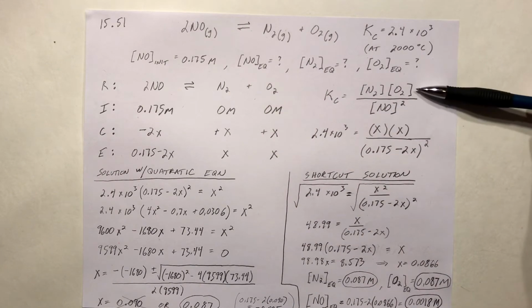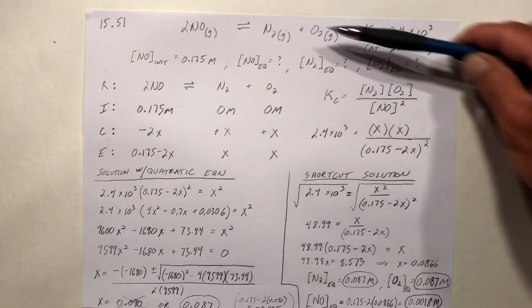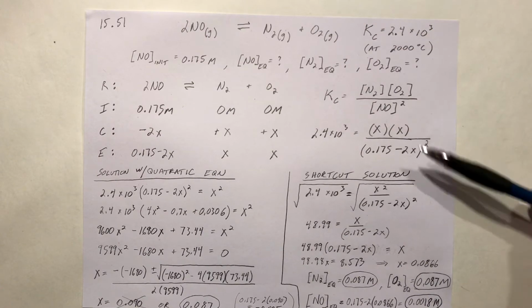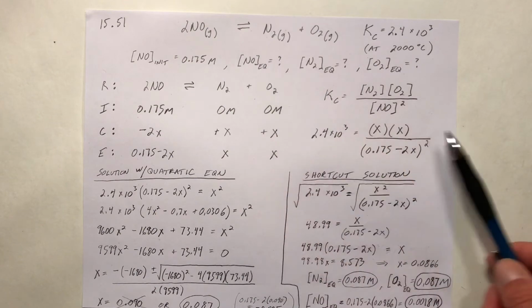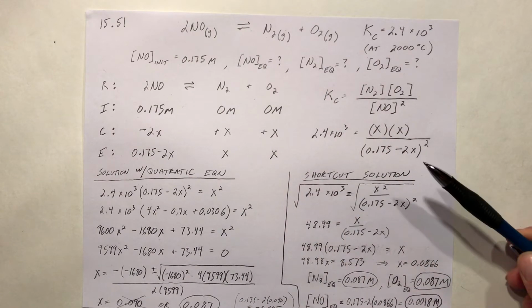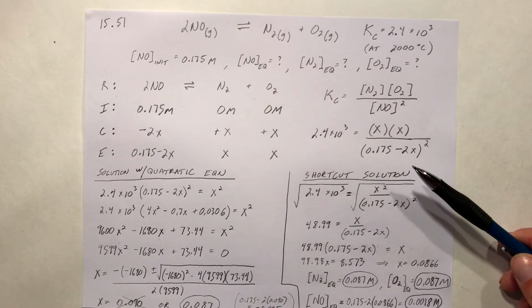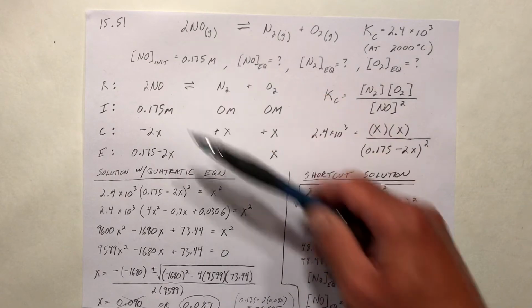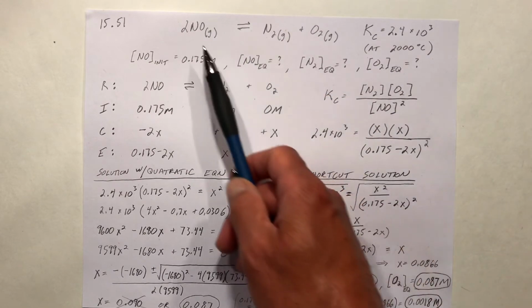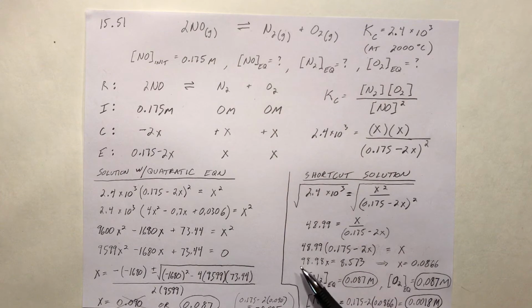Remember, we always have the product of the concentration of the product chemicals raised to the power of their coefficients, and they're both 1, divided by the product of the concentration of all the reactant chemicals. Well, there is only one reactant chemical, raised to the power of the coefficient.